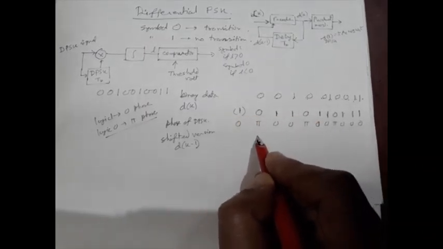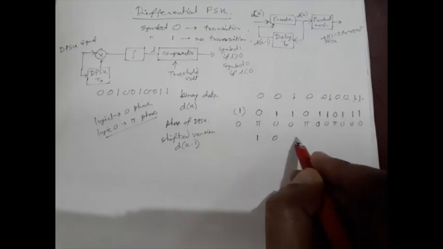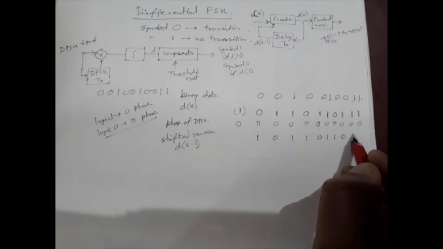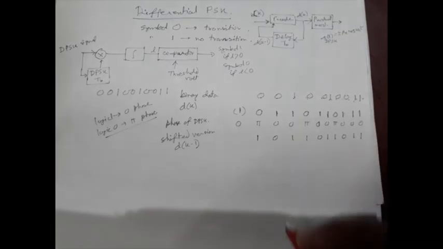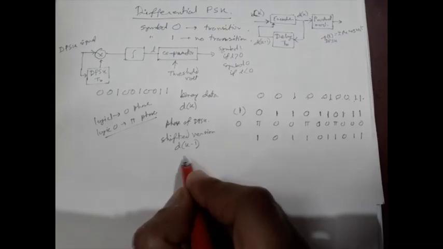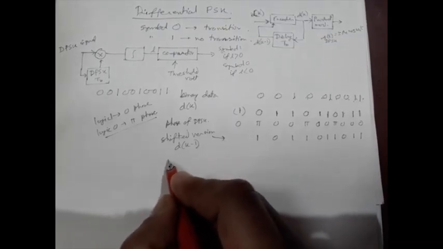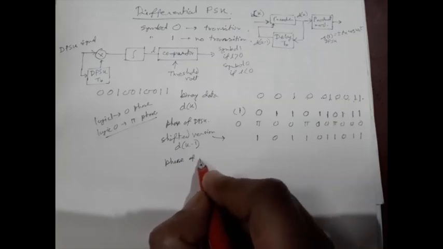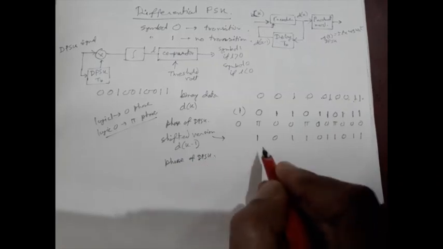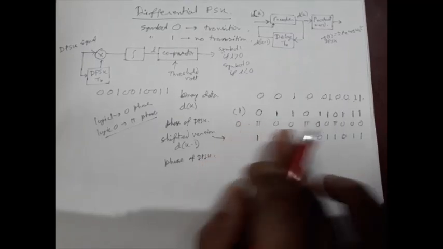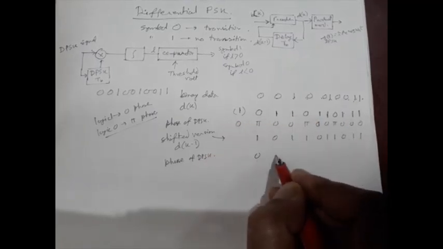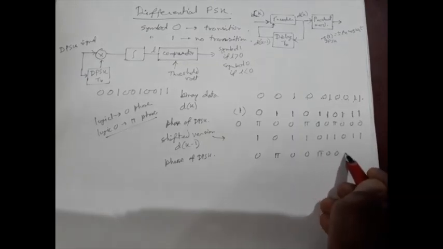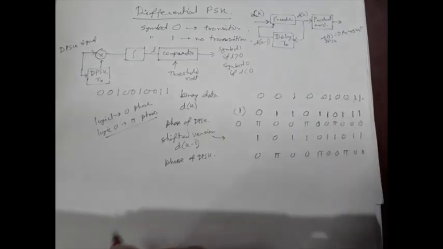Here we have 1 0 1 1 0 1 1 0 1 1. The corresponding phase will also be shifted by 1 bit. So we have 0 pi 0 0 pi 0 0 pi 0 0.